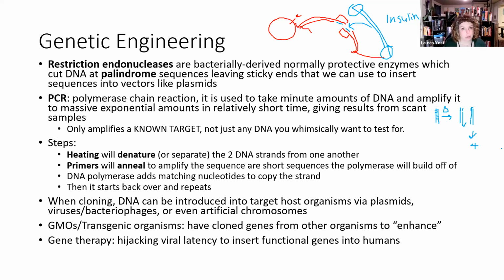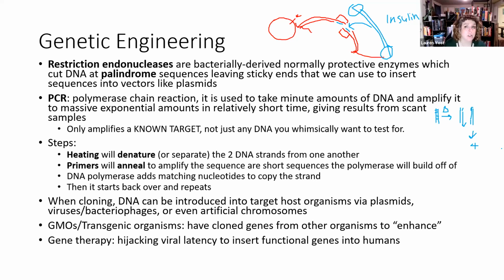Okay, so we went through the steps a little bit. Heating denatures, or separates, the strands. Denaturation via heat is something that we can do to proteins as well, but in this case, we're just talking about nucleic acids. So we separate our strands, using primers that allow us to build off of something. You have to build off something; we talked about that in the previous chapter. There are little sequences that the polymerase will build off of.